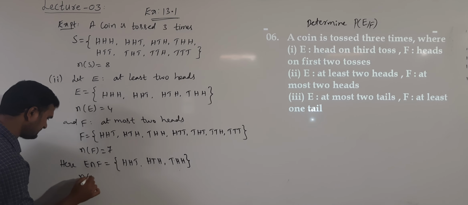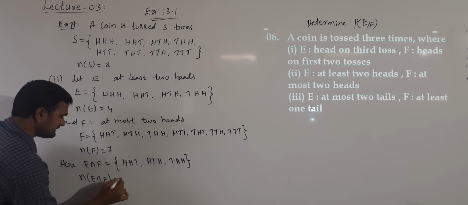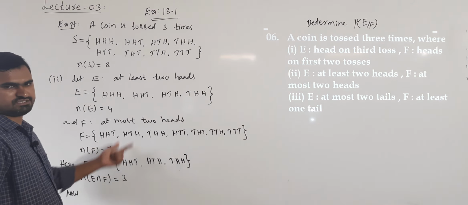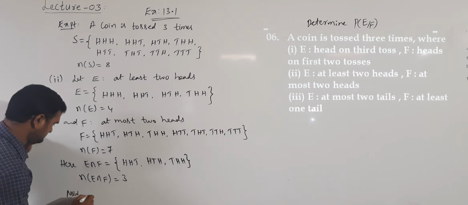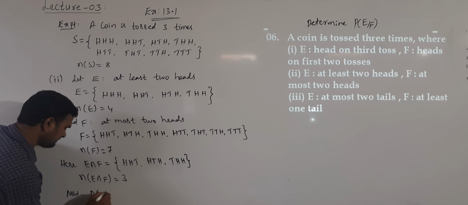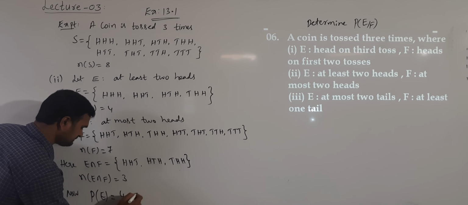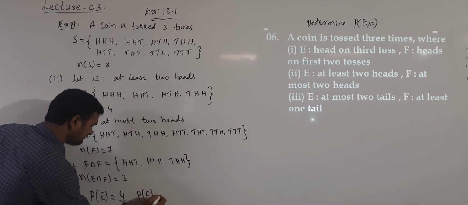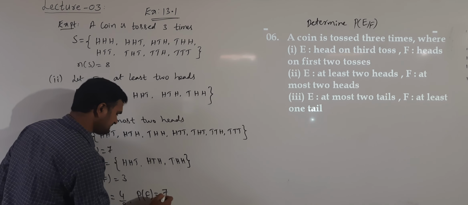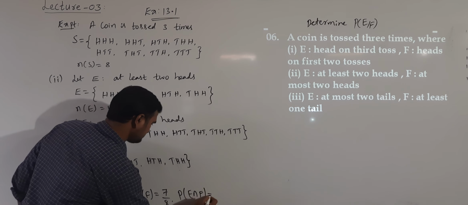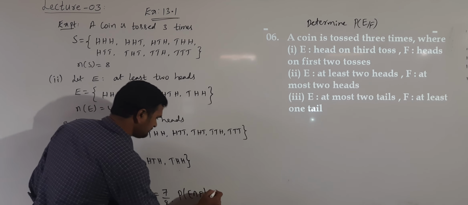So N of E intersection F is 3. So once we know the elements of events, we can write their corresponding probabilities. So it is probability of E 4 out of 8 elements, probability of F 7 out of 8 elements, and probability of E intersection F is 3 out of 8 elements.